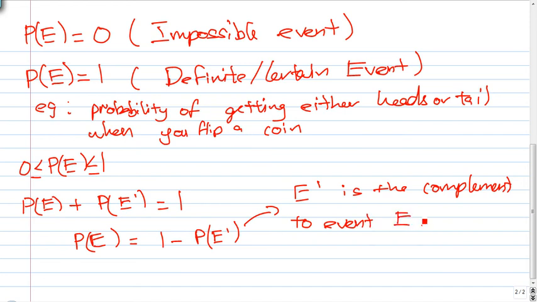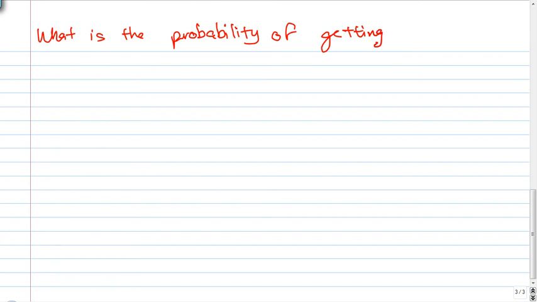Let me give you a very oversimplified example of probability. What is the probability of getting heads when you flip a coin?